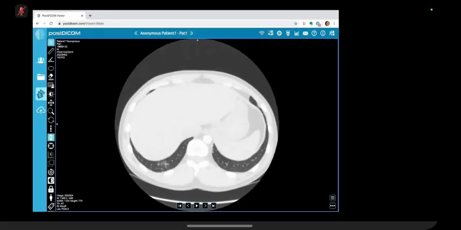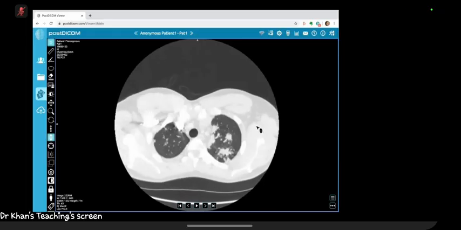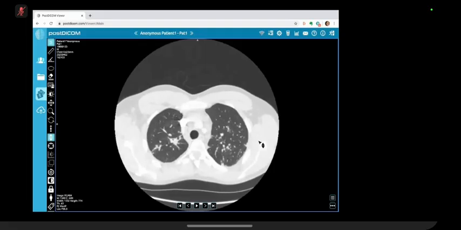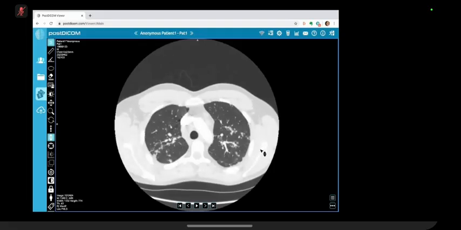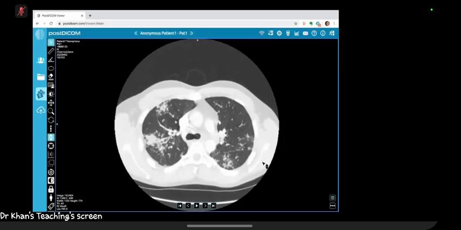There are bilateral predominantly perilymphatic nodular opacities with some confluent areas of consolidation or nodularity, bigger nodules. There's some adjacent tracheobronchial dilatation as well. There's mediastinal lymphadenopathy, especially in the paratracheal and AP window regions, with bilateral distribution as well.